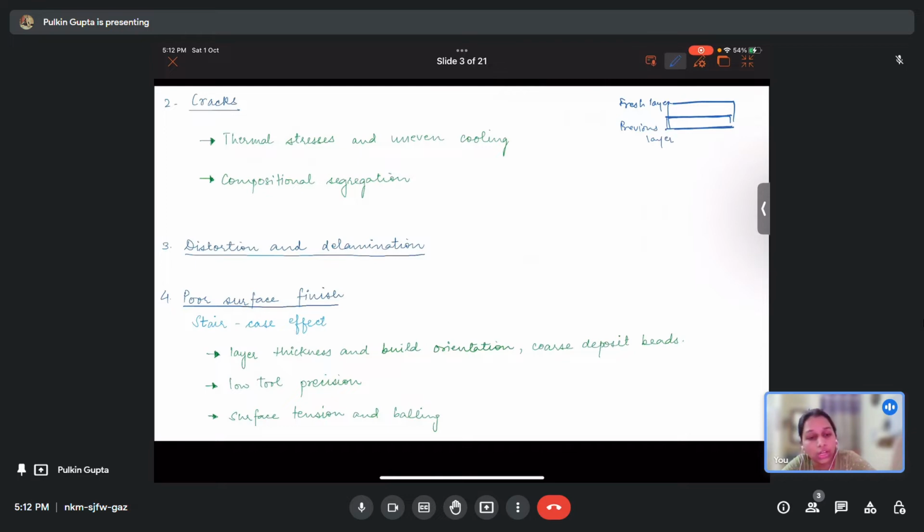When you deposit this fresh layer, which is at a higher temperature compared to the previous layer, because of this thermal gradient there are compressive stresses in the lower layer and tensile stresses in the upper layer, which causes these layers to expand and contract and hence develop cracks. Okay, so this was because of thermal stresses.